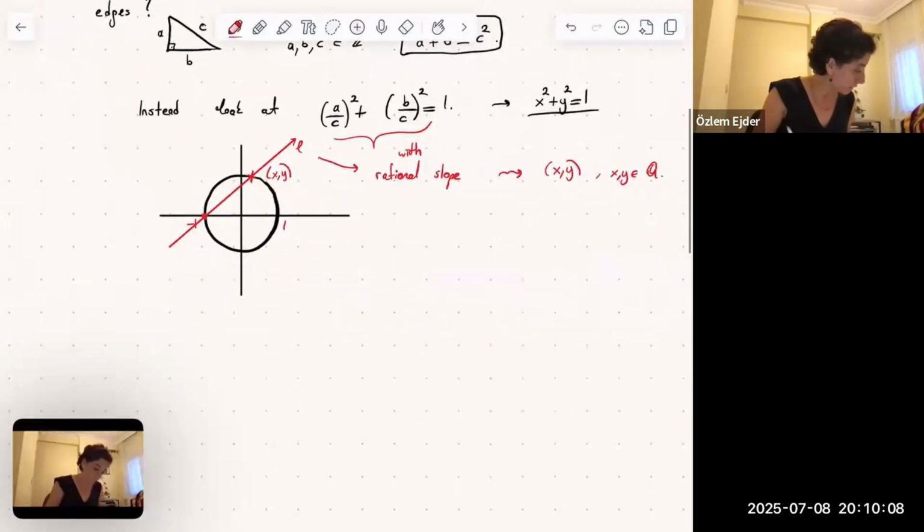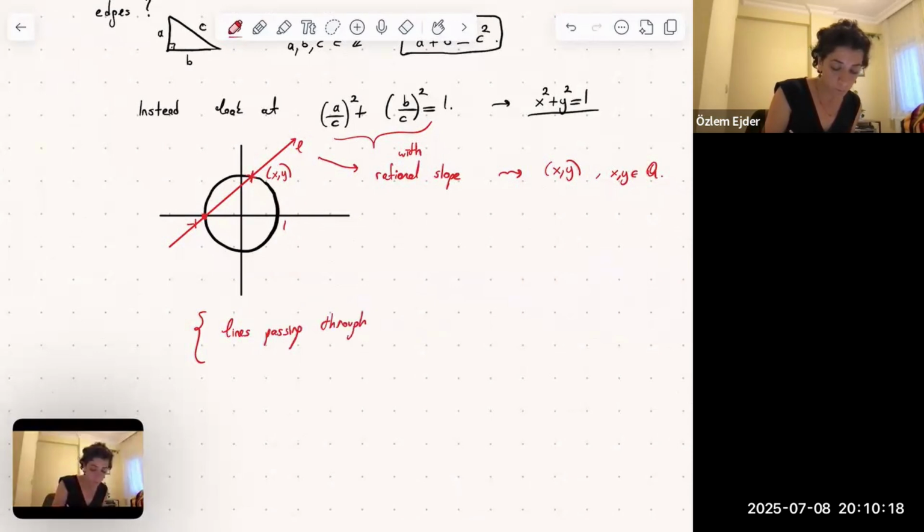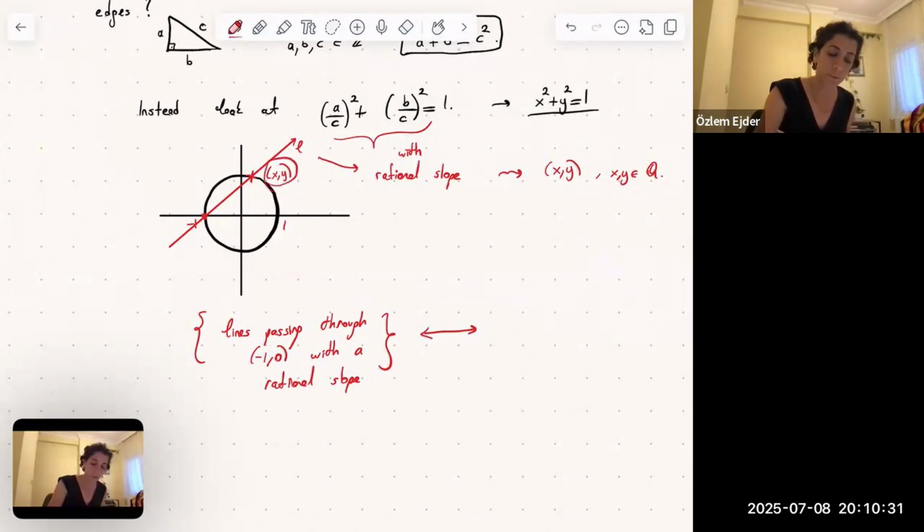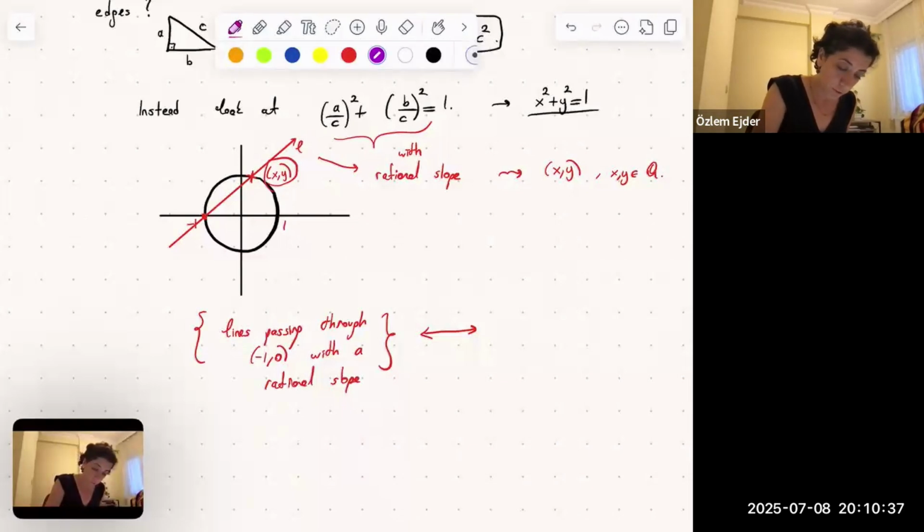And in fact, this is a characterization of all the solutions. So for each line passing through this point (-1, 0) with a rational slope, I'll get a point. This point will just be given by the second intersection of the line and the circle. So I'll have more lines here.